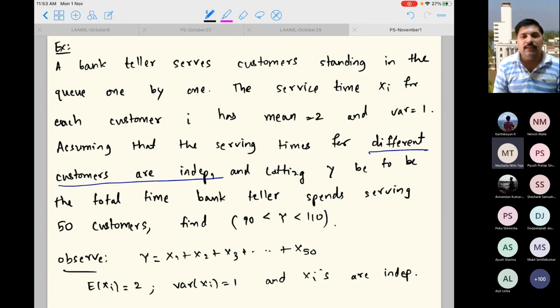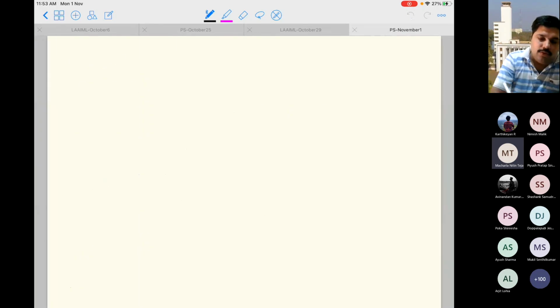If all these conditions are satisfied, then we can apply central limit theorem, right? So how will we apply it? What is the required probability?